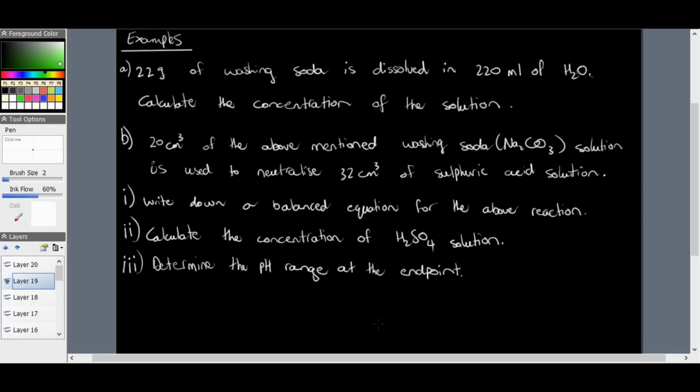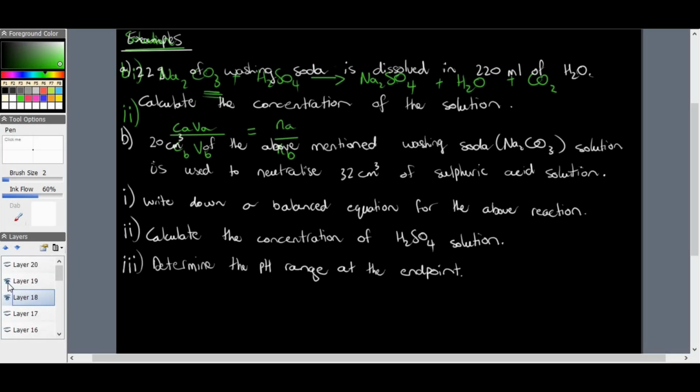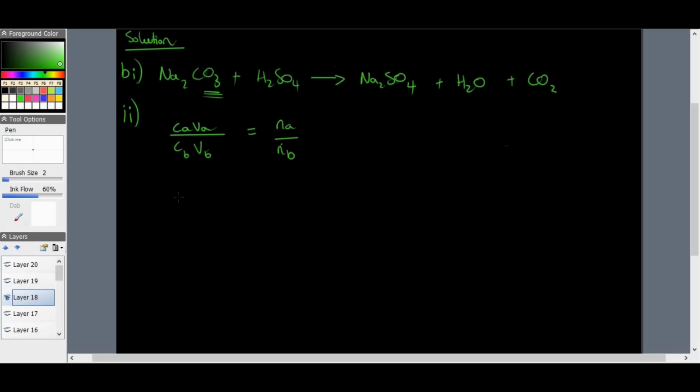So I have to convert that to decimeters cubed. The concentration of my base, which I just calculated in the previous question to be 0.94, multiplied by the volume, which was 20 cubic centimeters, which if I divide by 1,000, I get 0.02 decimeters cubed.